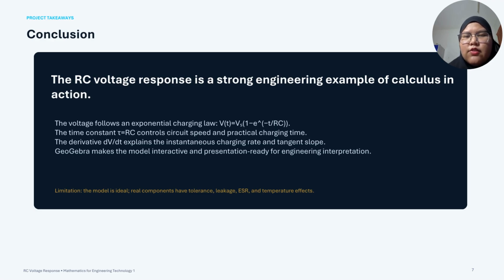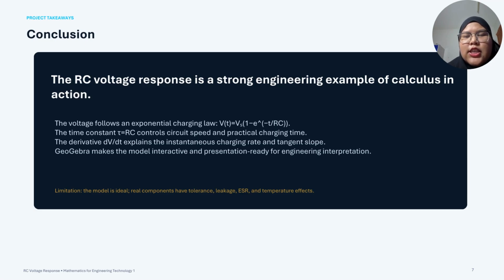Okay, in conclusion of this project, the RC voltage response provides a practical engineering example of how calculus can be applied in electrical engineering. The charging behavior of the capacitor follows the exponential function described by the equation V of t equals V source multiplied by 1 minus e to the power of negative t divided by RC.